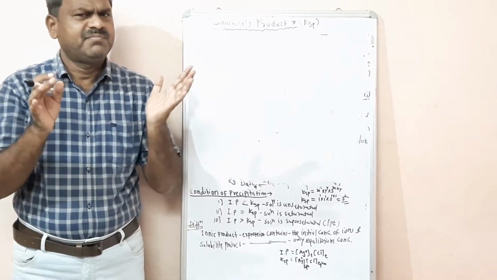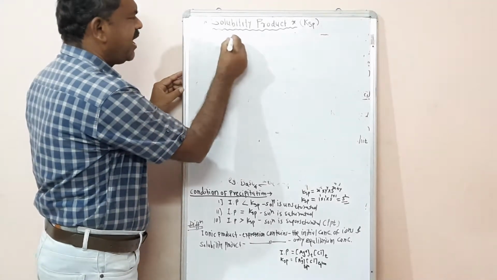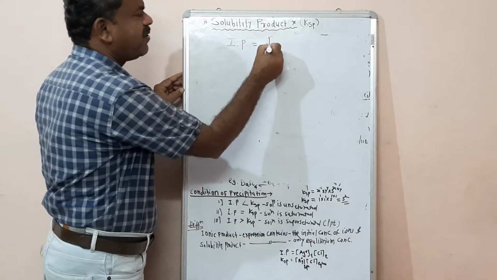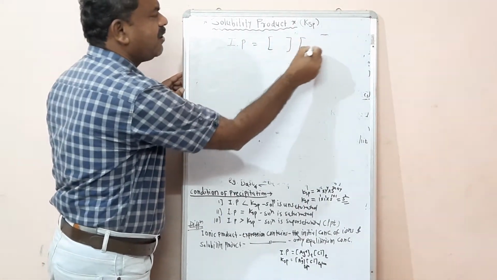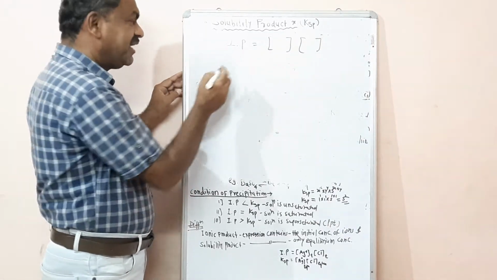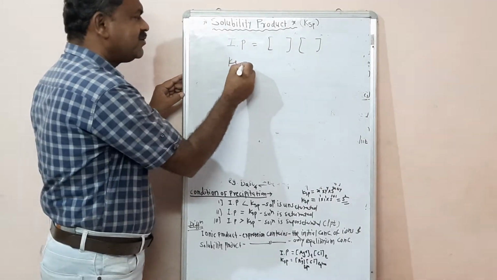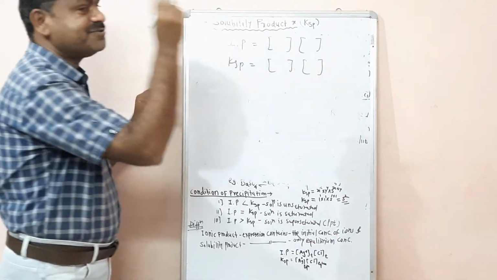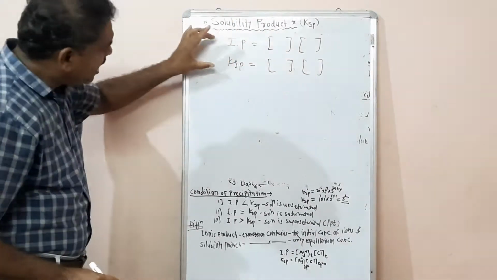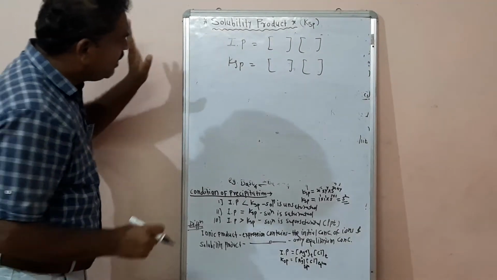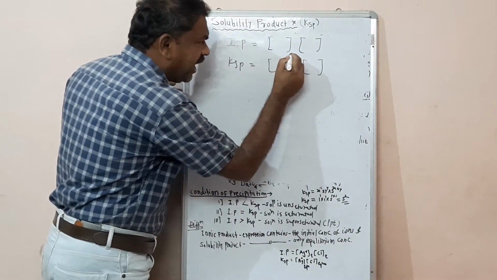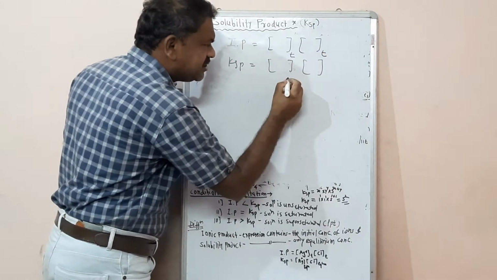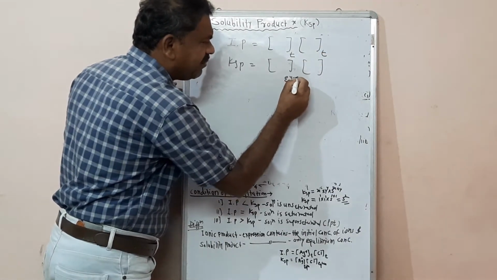There is the same definition. The ionic product is equal to the product of molar concentrations of the two ions. Ksp is also the product of molar concentrations of two ions. Same definition, only the ionic product is at any time, and Ksp is the equilibrium one.